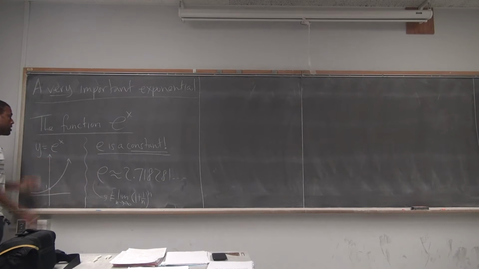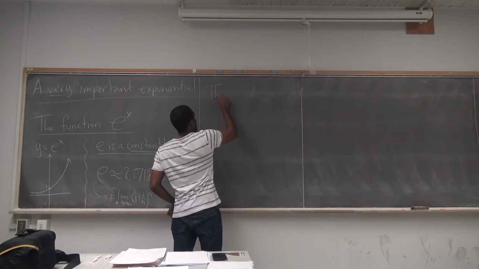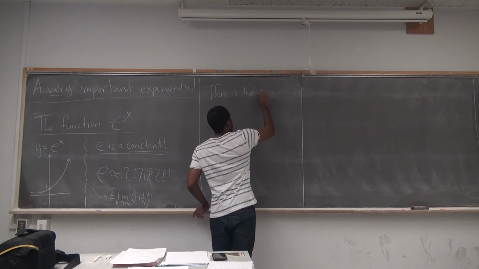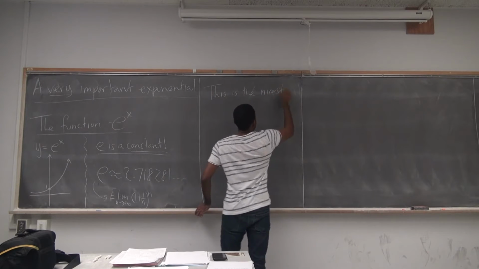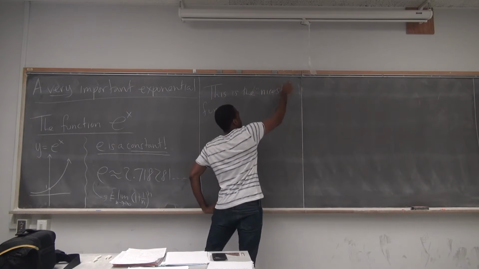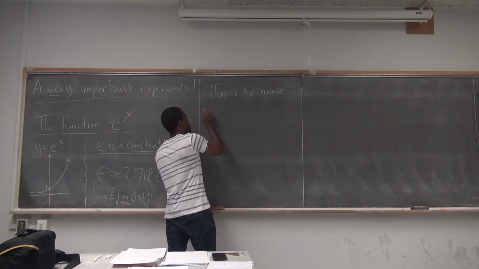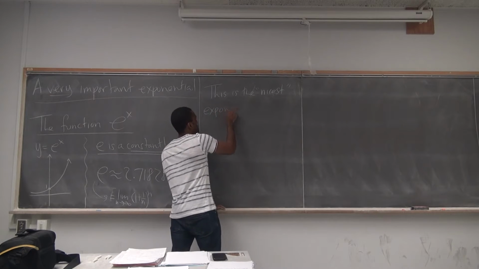It is a constant. And the function, when I make that into an exponential, y equals e to the x, is a very important function. This is the nicest, sounds subjective, but it actually makes sense, function. It's the nicest exponential function to do calculus with.